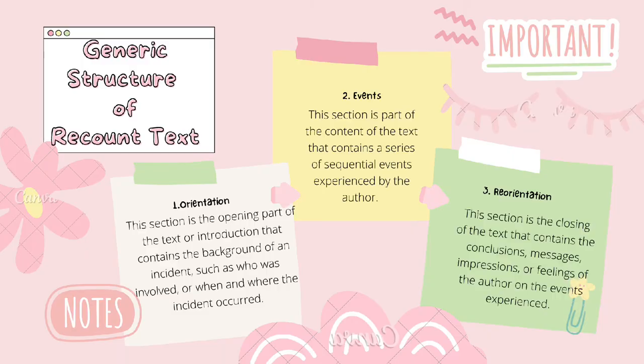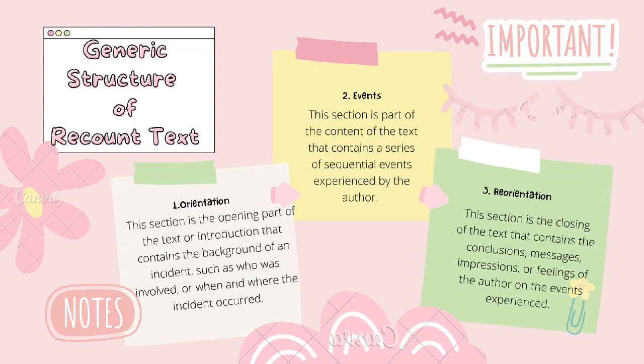Okay guys, the next fact about the recount text is the generic structure of this text. There are three parts of the generic structure. The first is orientation. This section is the opening part of the text or introduction that contains the background of an incident, such as who was involved or when and where the incident occurred.